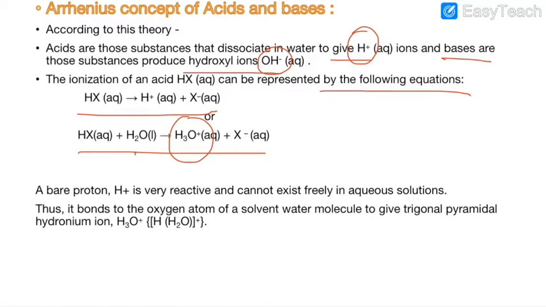As we know, a single proton is very reactive and cannot exist freely in aqueous solution, thus it bonds to the oxygen atom of a solvent water molecule to give a trigonal pyramidal hydronium ion H3O plus, and it can be written like this, that H3O plus. The shape of this H3O plus will be trigonal pyramidal.